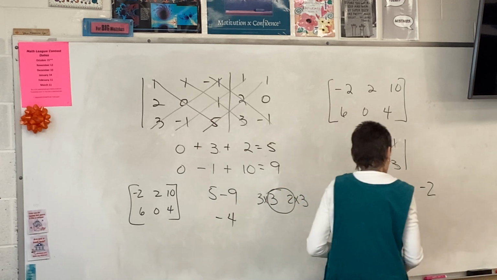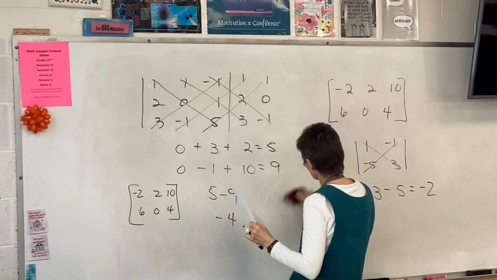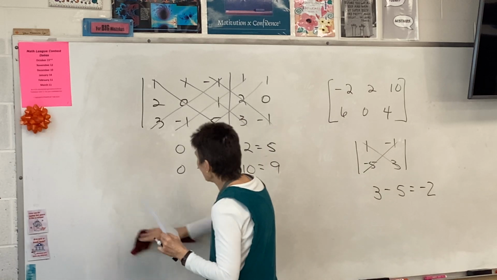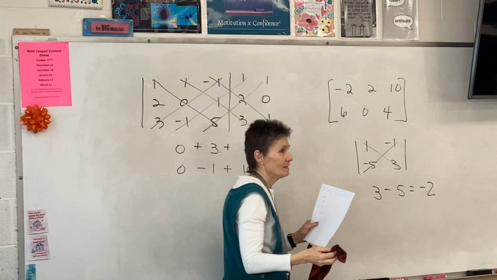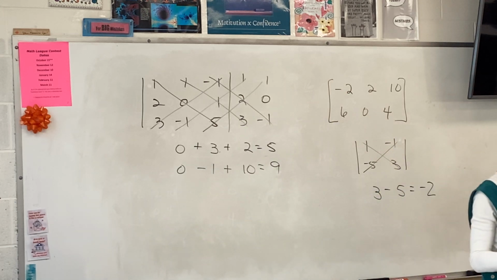And then A inverse. Can I find the inverse of A? No. Another trick question. What is the first step to finding an inverse? Find the determinant. And if it's not square, you can't find the determinant, so therefore you can't find the inverse. So L is no answer.